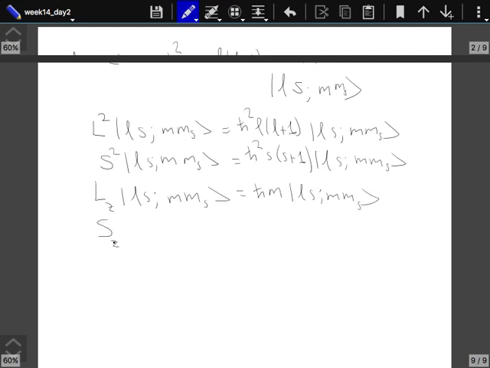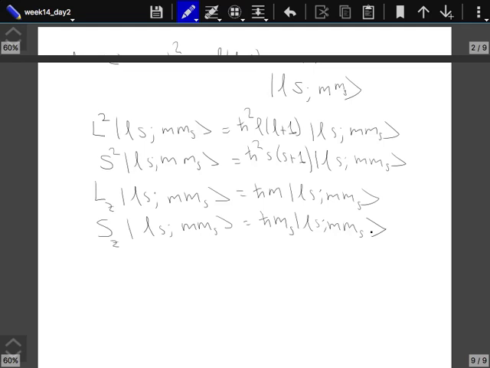Or finally we can act with Sz on this ket. So these |l s m m_s> kets are the simultaneous eigenkets of L squared, S squared, Lz, and Sz.